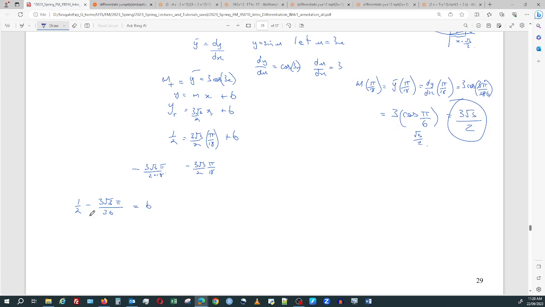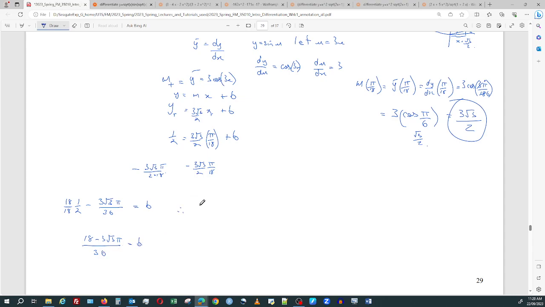So to make that 36, we have to multiply this by 18. 2/18 of 36, 18 on 18. So that's 36. That'll be the same family. So 18 minus 3 root 3 pi over 36 is equal to b.